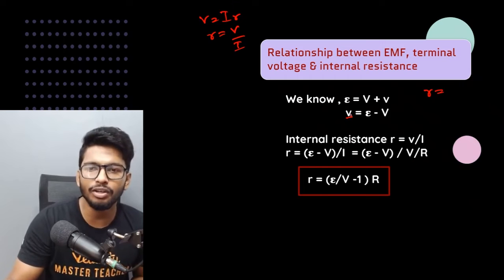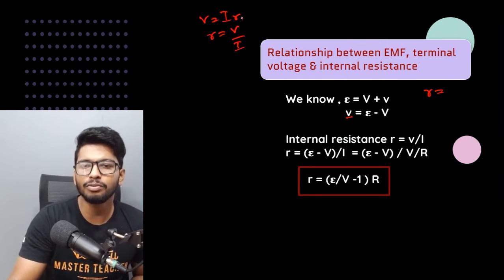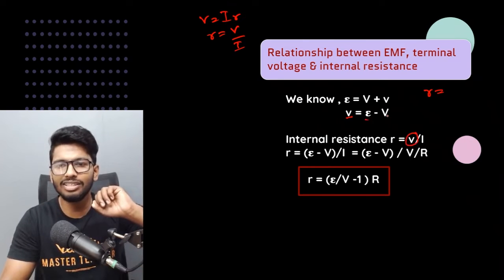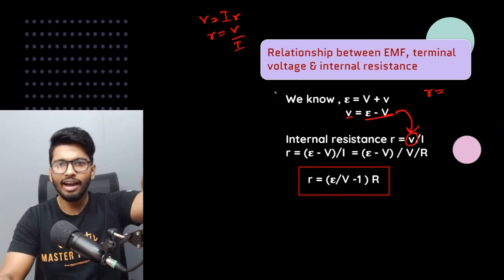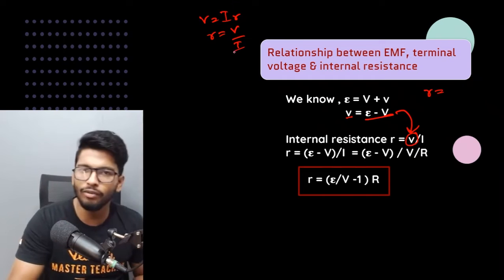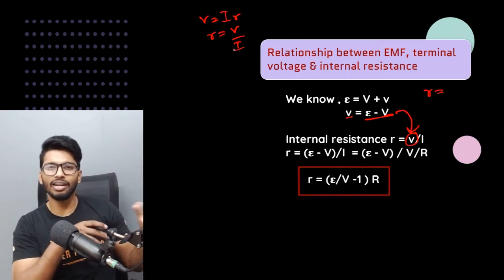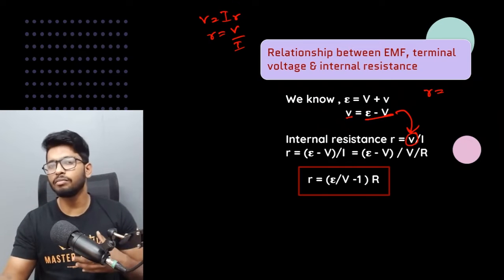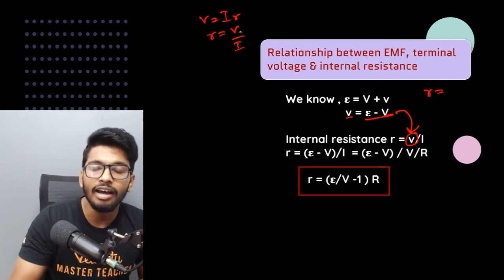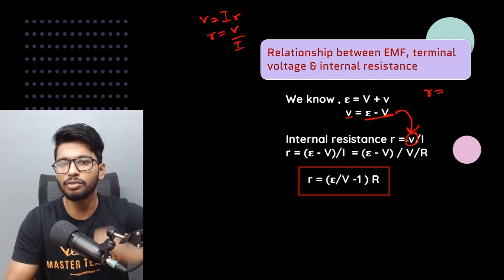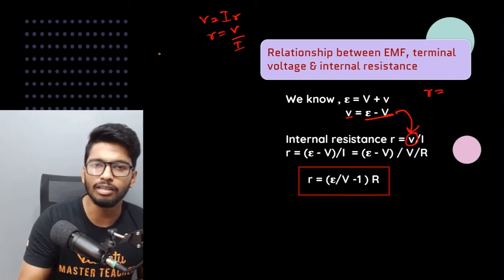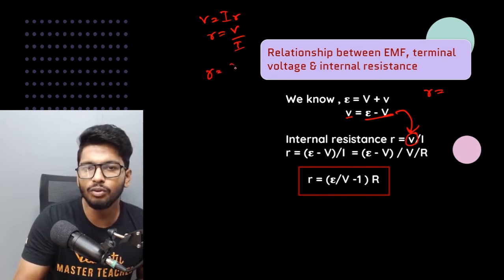I have to find out the relationship between the internal resistance and EMF and terminal voltage. So in place of V, we'll substitute E minus V, which is nothing but the EMF minus the terminal voltage. So r is equal to (E minus V) divided by I.